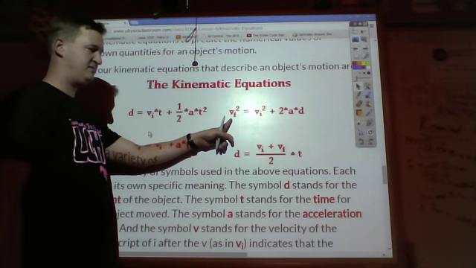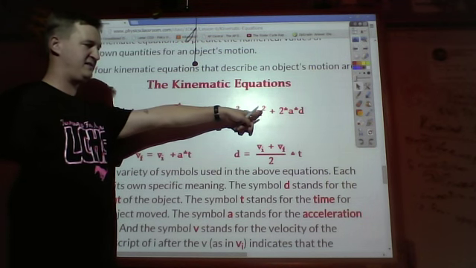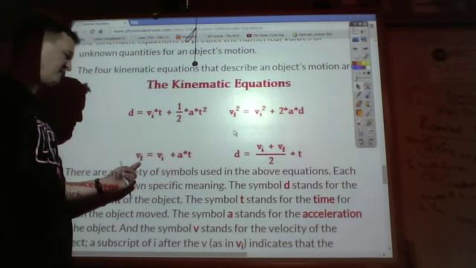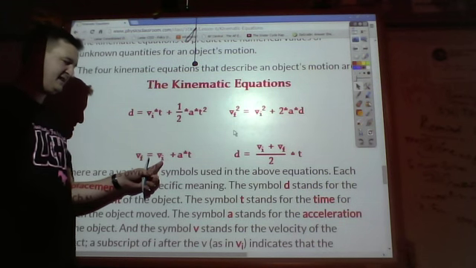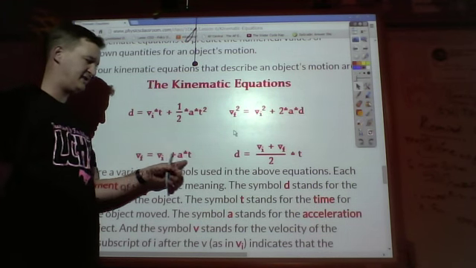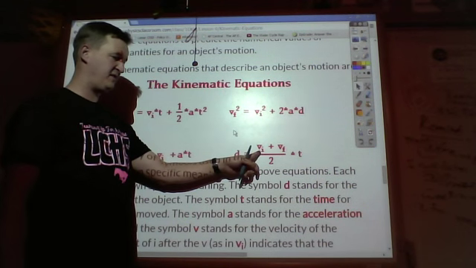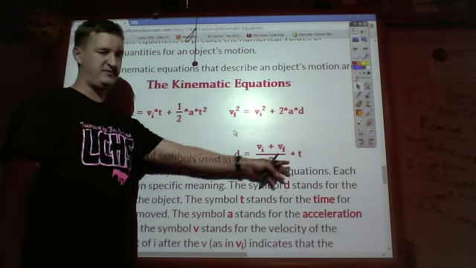Velocity final squared equals initial velocity squared plus 2AD. Velocity final equals initial velocity plus acceleration times time. And then finally, displacement is equal to initial velocity plus final velocity over 2 times t.